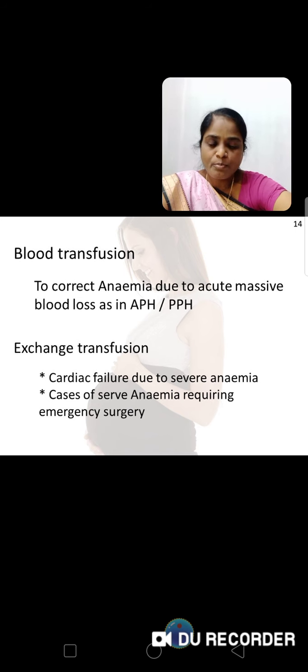So this is our part. Till now we have discussed the definition for anemia, and what definition WHO has given, the socioeconomic status.